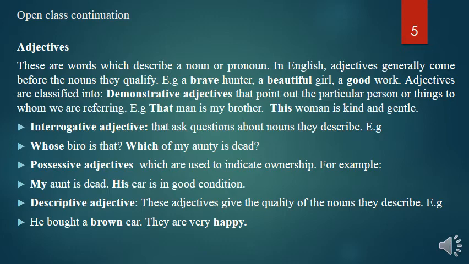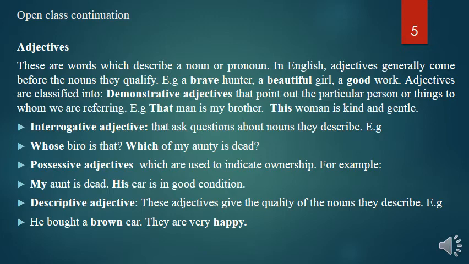Adjectives are classified into demonstrative adjectives. Demonstrative adjectives are adjectives that point out a particular person or thing. For example, when I say this man, this is a demonstrative adjective.